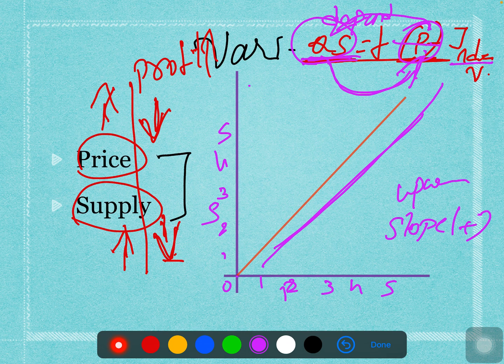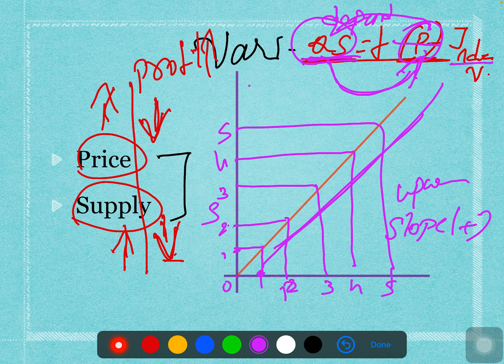Why is this curve shape upward? I'll tell you why. If the price is 1 rupee, the supply is 1, so this point comes like this. If the price is 2, the supply is 2, it will come like this. Price is 3, price is 4, price is 5.